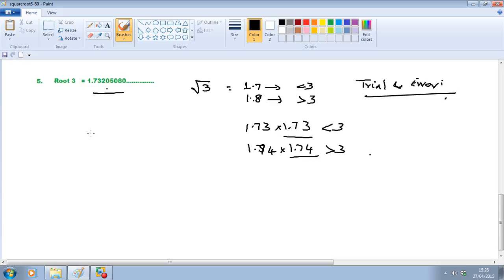Okay, let us try this first one. 1.7 multiplied by 1.7, what is that? With 2 decimal places, it is 2.89. What about 1.8 multiplied by 1.8?